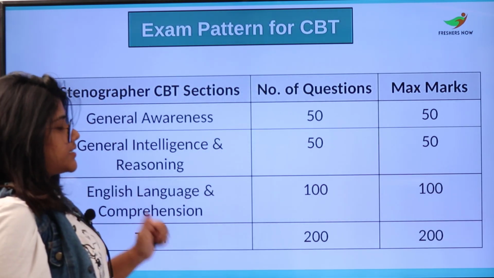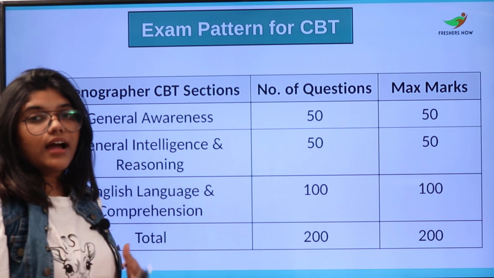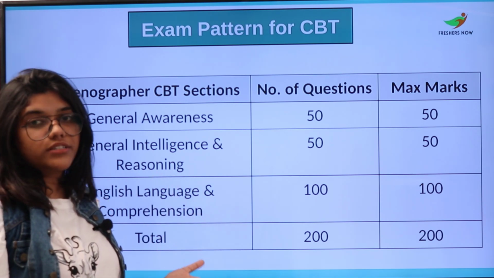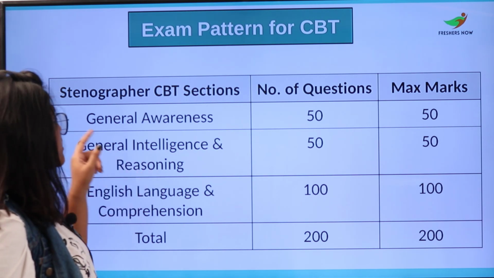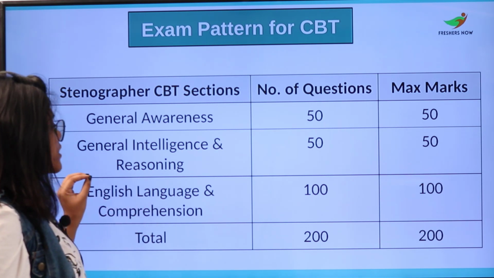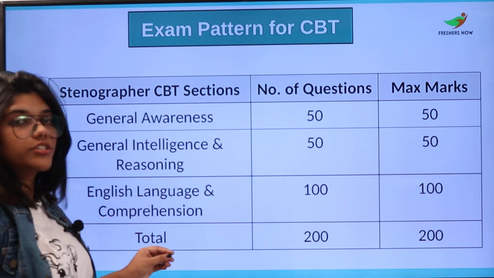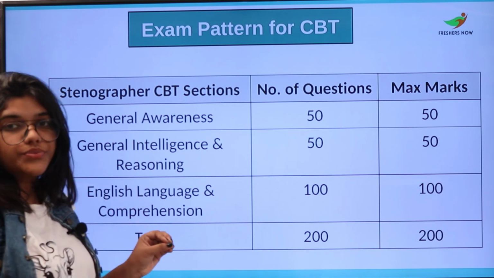The exam pattern is as follows. Please follow the screen so that you will not miss any detailed information which is present here. For the stenographer CBT sections, general awareness has 50 questions with 50 marks, general intelligence and reasoning again 50 questions, 50 marks, English language comprehension 100 questions with 100 marks.